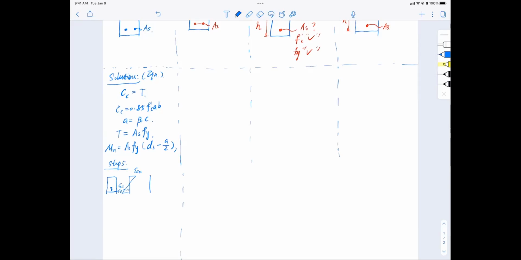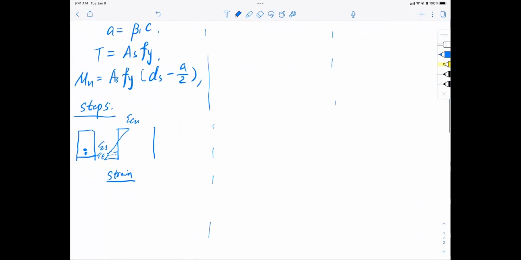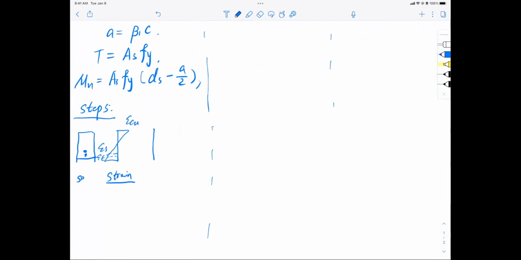And the stress diagram, so let me do strain, and zoom in here for you to see it clearly. So this is section, strain, and the stress, we follow the Whitney stress block. If this is the actual compressive zone size c, this is a. So a is a little bit smaller, and then that is the compressive stress. It has a Whitney stress block of 0.85 f'c. The tension force is at level s right here, and that is T equal to As fy.